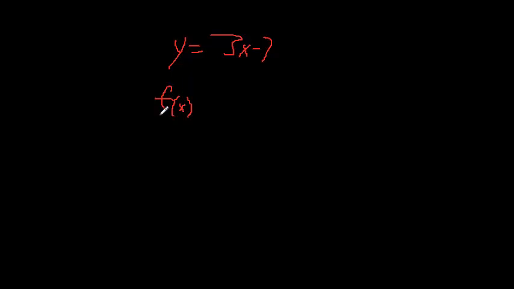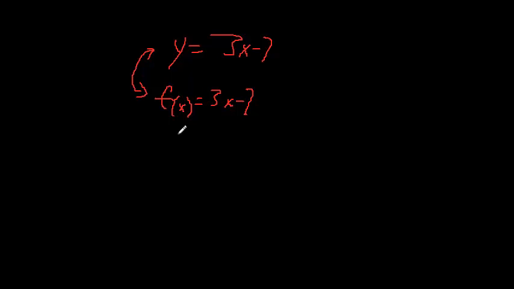So we have here a function f of x, which equals 3x minus 7. So these two things are the same thing. Right? Instead of including our y, we just called it a function of x, since that is what y is. It's a function using x.